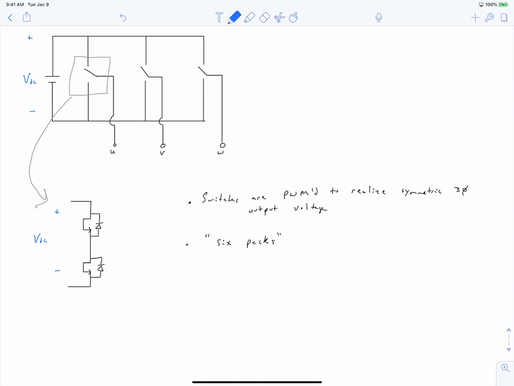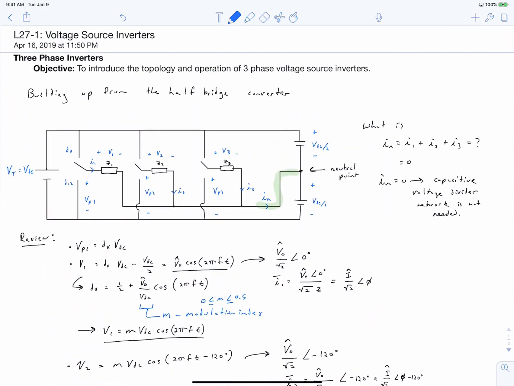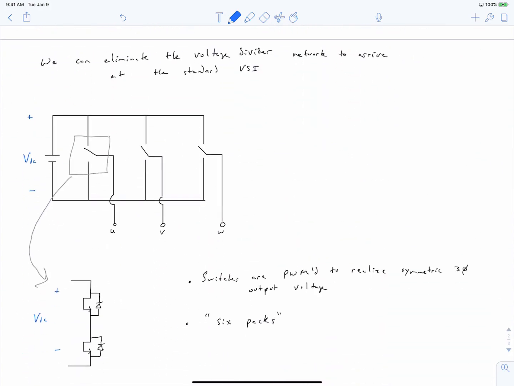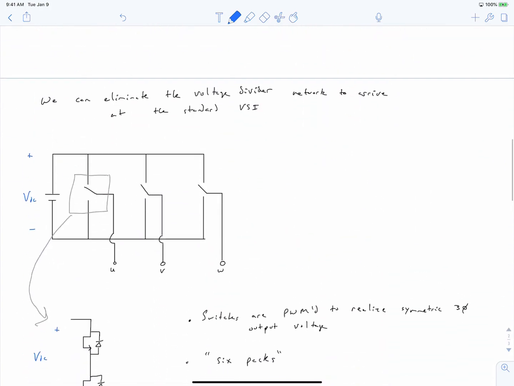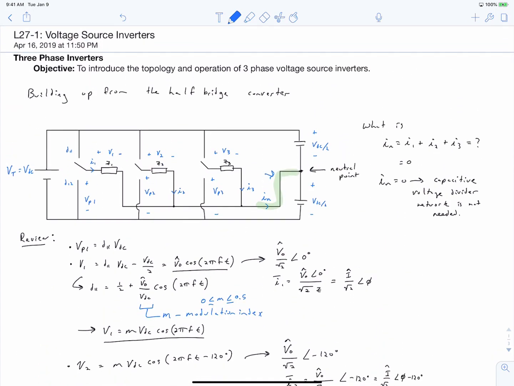So before we wrap up, I want to make one more comment on this neutral wire connection. So again, the neutral wire was what we highlighted in green here. It's the connection that went to our passive voltage balancing network, or a passive voltage divider. And in the connection that we've drawn on this final page, we don't indicate any neutral wire, but there are certainly three-phase inverter applications that use a neutral wire.